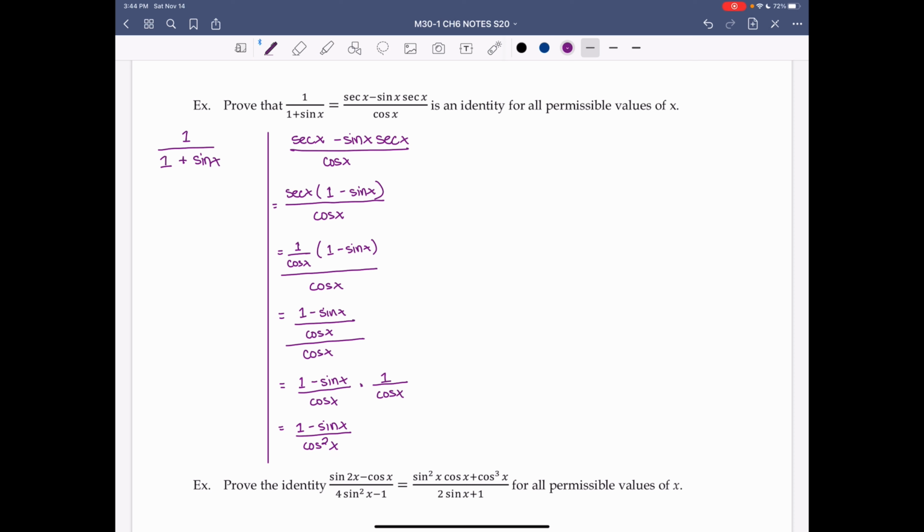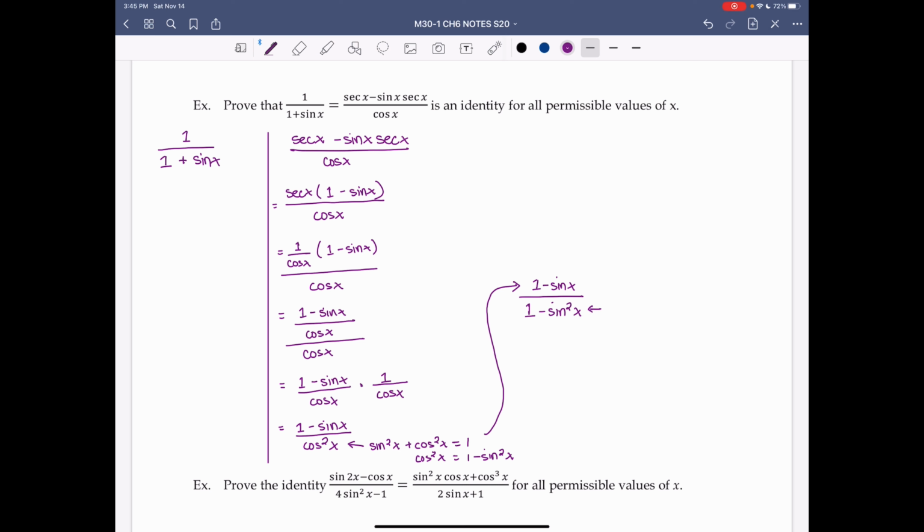But cos squared x, from the Pythagorean identity sine squared x plus cos squared x equals 1, I can rewrite as 1 minus sine squared x. Then I get 1 minus sine x over 1 minus sine squared x.